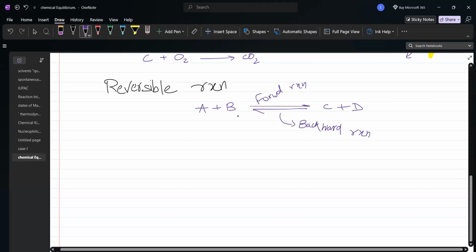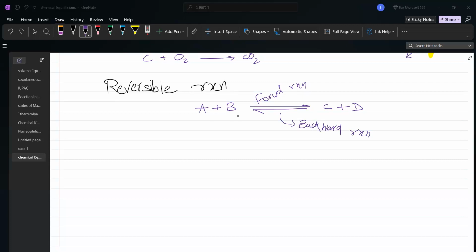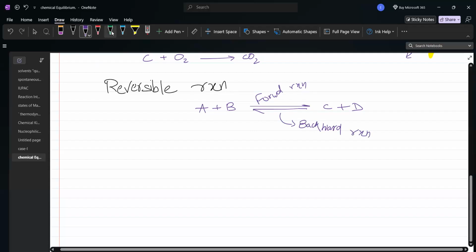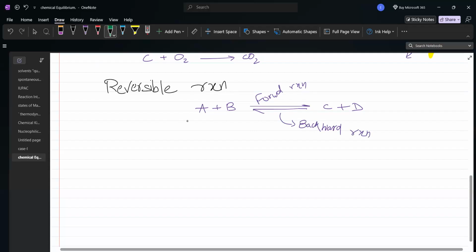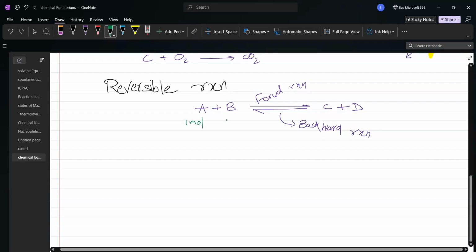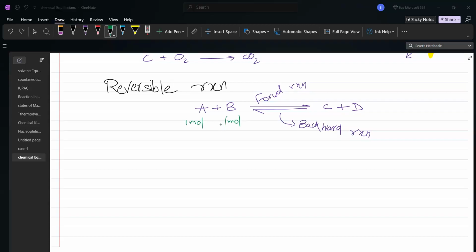These are reactants, right? A plus B are reactants, and we have taken, for example, 1 mole of A and 1 mole of B. So by time, what is happening? A and B are getting reacted, right?